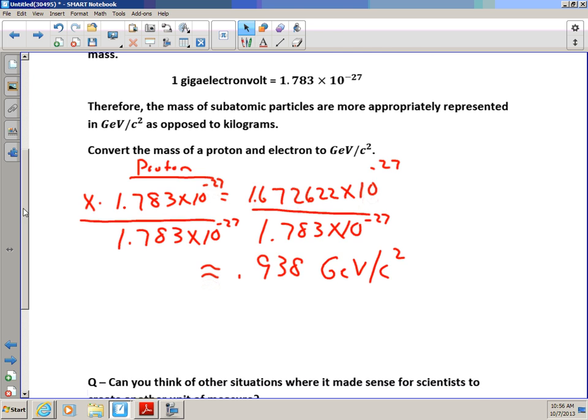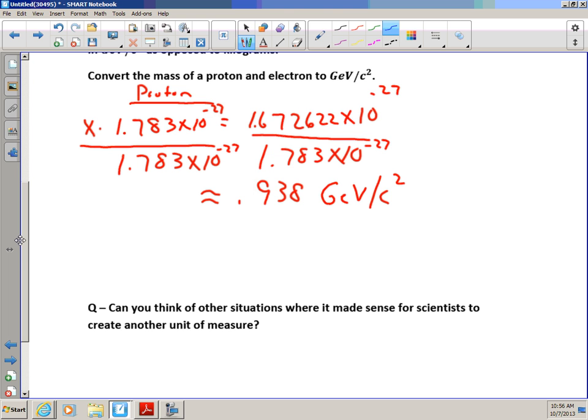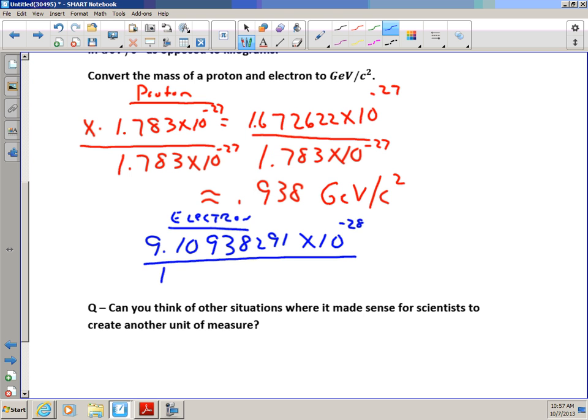Now, if I do the same thing for the electron, again, the electron has an exponent of negative 28. So that's going to be smaller, okay? So when you do your division, you should see that 9.109382291 times 10 to the negative 28, again dividing by the determined value of a giga-electron volt.